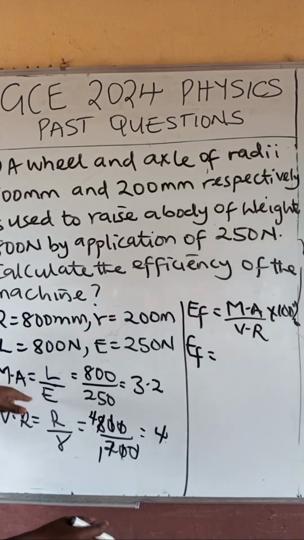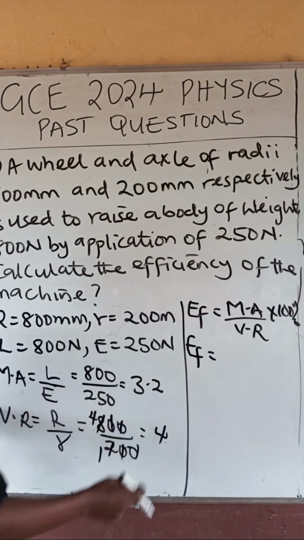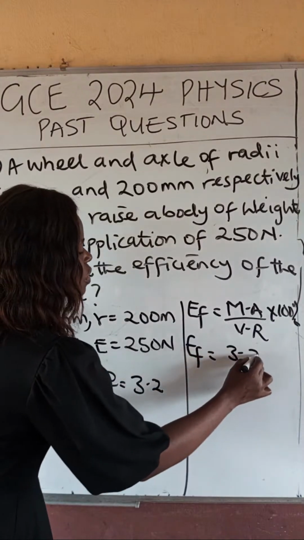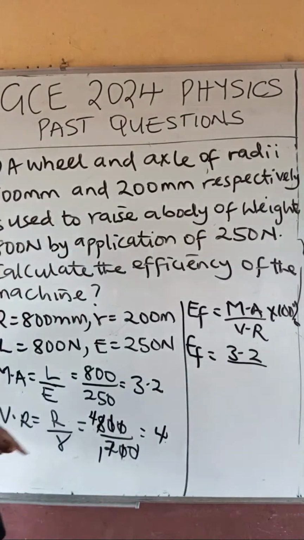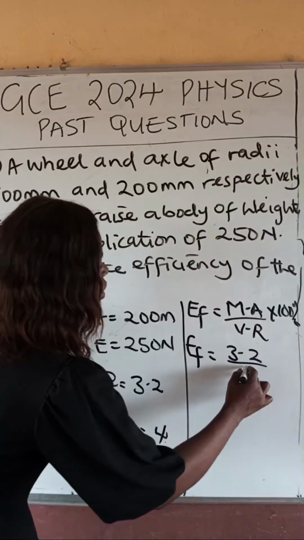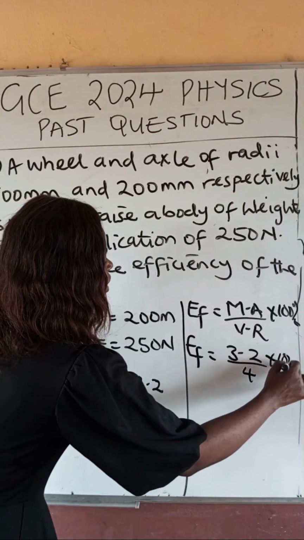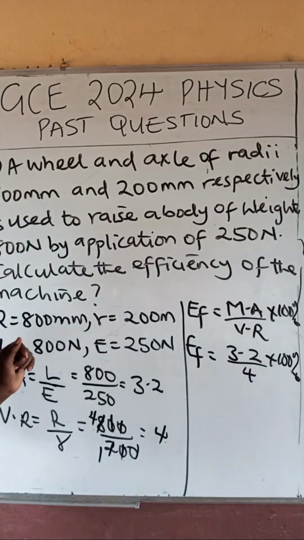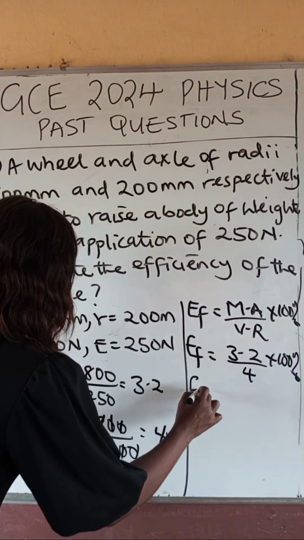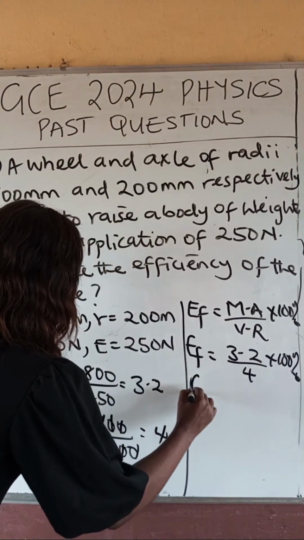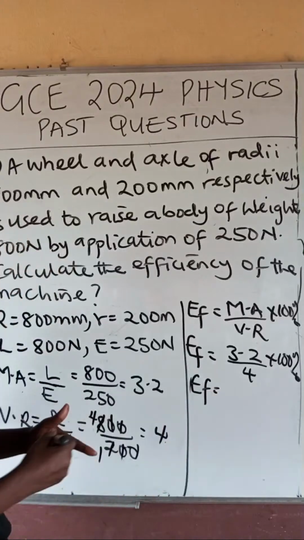What's my MA, which is mechanical advantage, is 3.2 divided by velocity ratio, which is 4, then multiply by 100%. So let's work it out and see what I have.